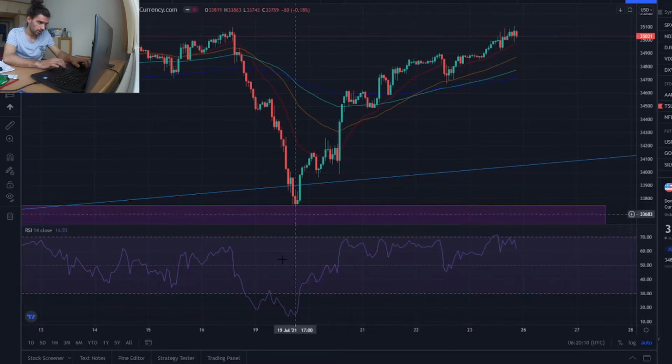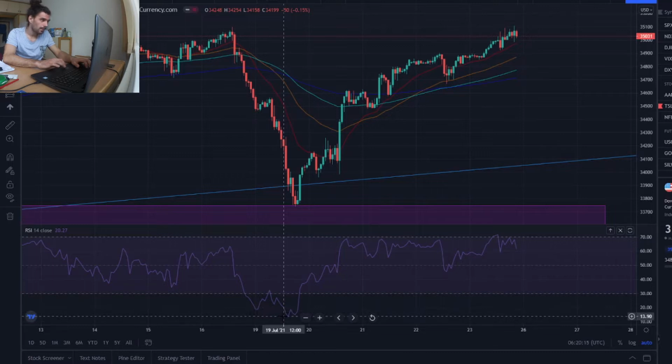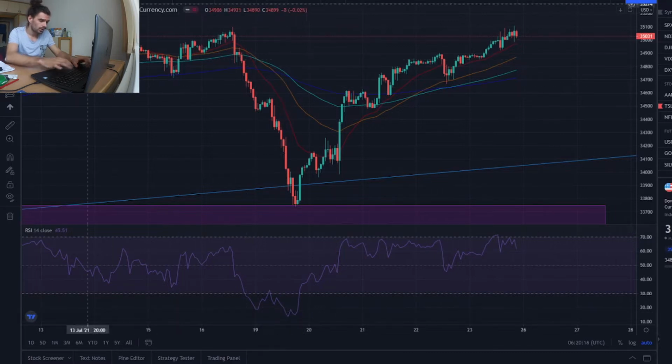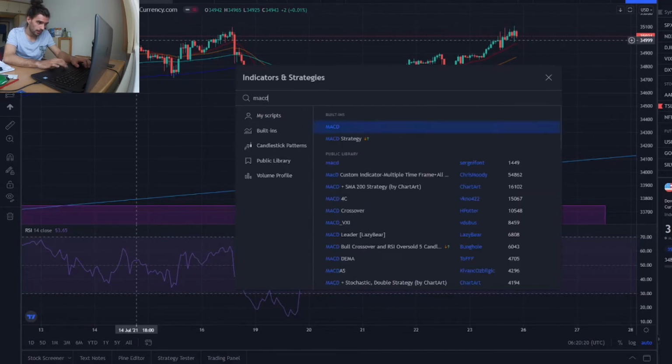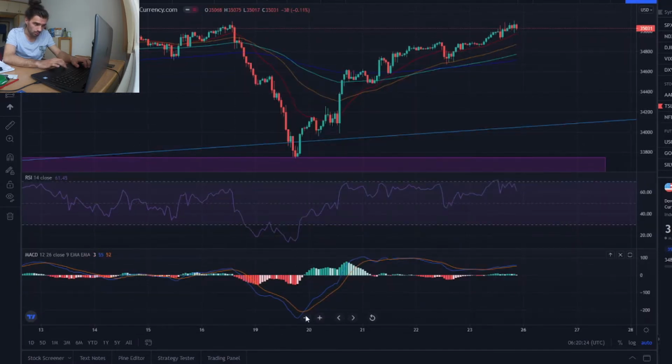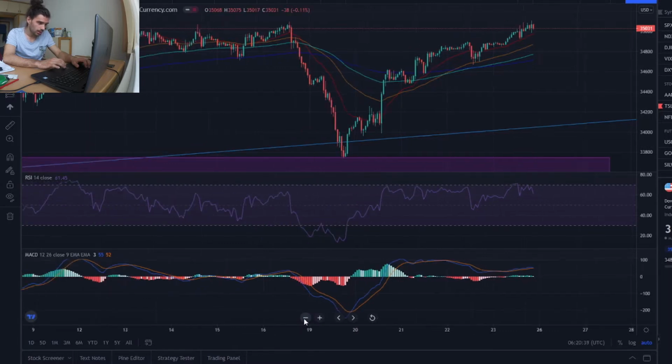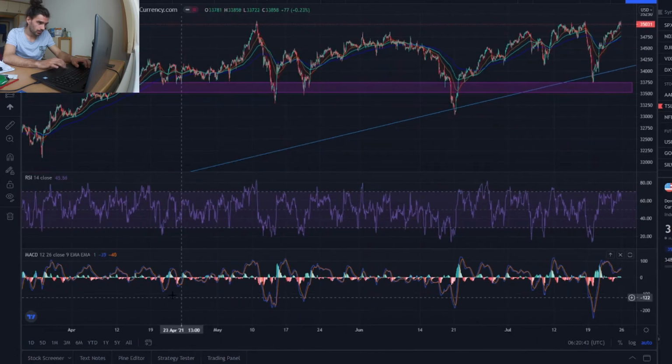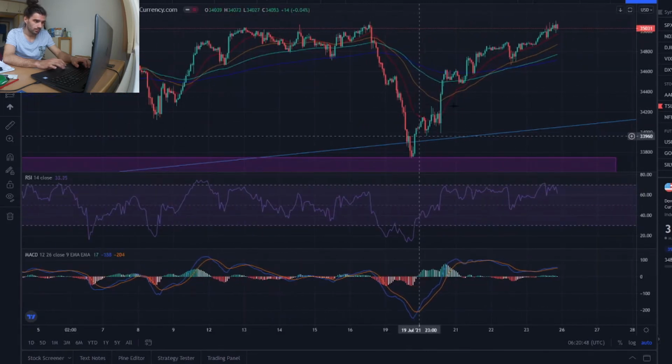The RSI was clearly very low, down to 14 or 15. And if we take a look at the MACD, we saw a crossover between the short and long line, which means a change of direction to the bullish upside. We were almost at minus 250, which doesn't happen that often, so this is typically an indicator that we might turn around from here.